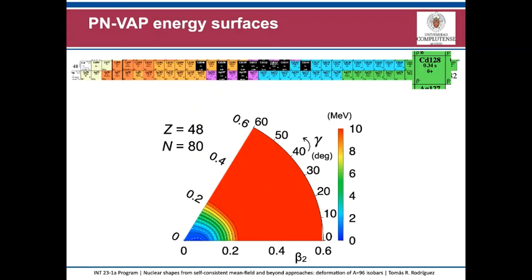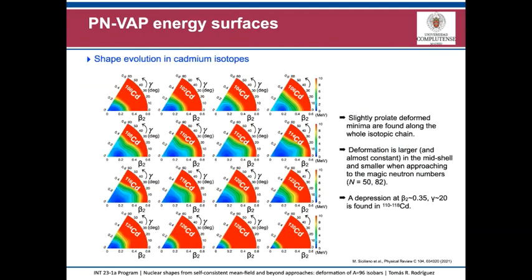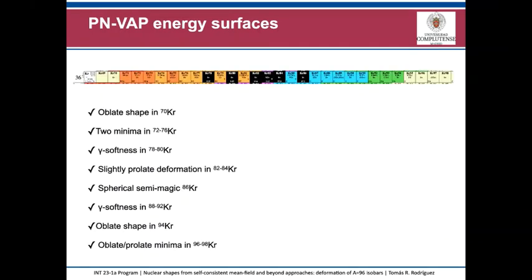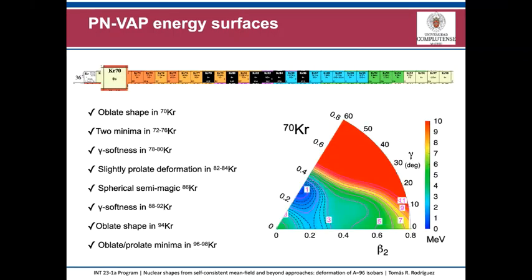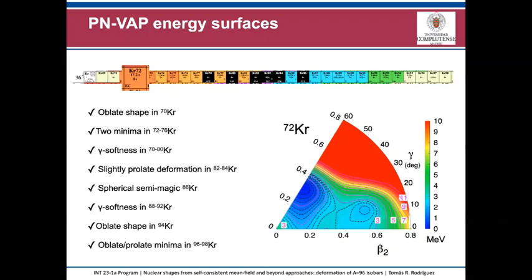Then you can go to other isotopic chains, for example, the krypton, that also Magda was mentioning yesterday. And here, in this case, the energy surfaces are richer, or more complex. So for krypton 70, you have an oblate minimum here, and then for krypton 72, you have two coexisting minima.